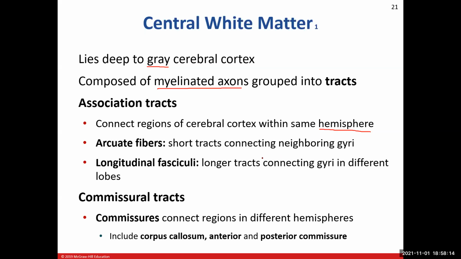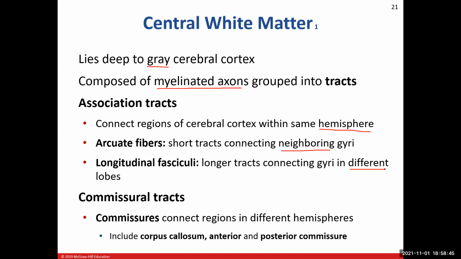Arcuate fibers connect neighboring gyri to one another. Our longitudinal fasciculi tracts connect gyri from different lobes, so maybe a gyrus from the frontal lobe to the occipital lobe or the temporal lobe. Arcuate fibers I shouldn't say stay within the same lobe, but they'll connect neighboring gyri to one another.